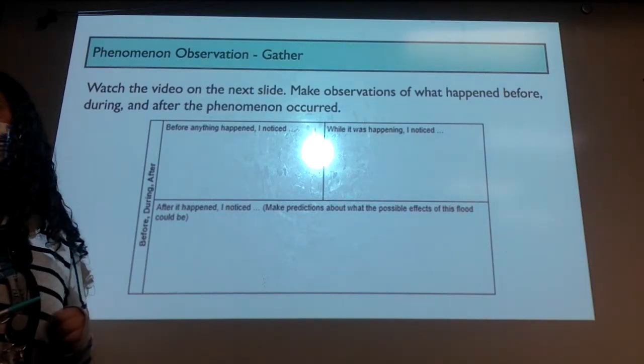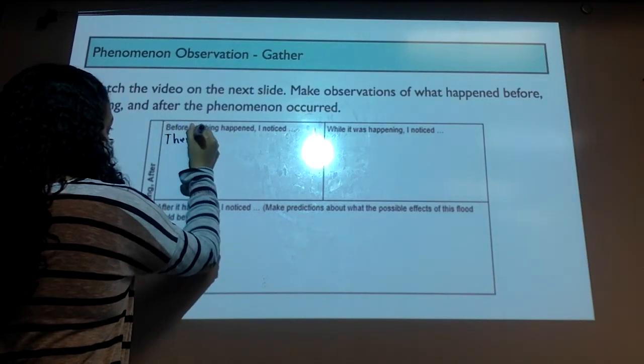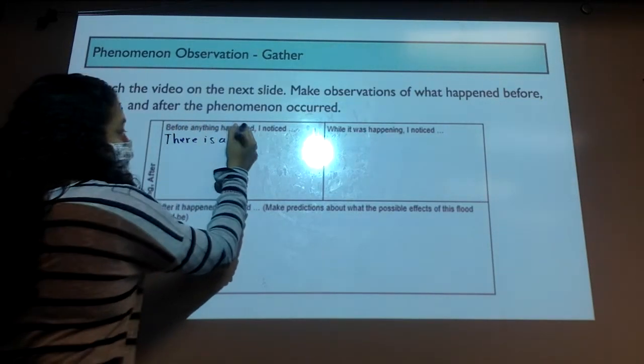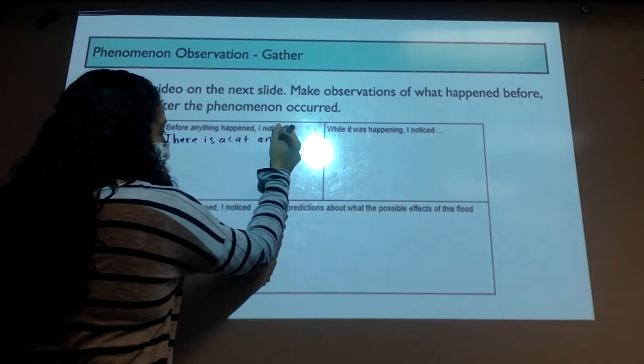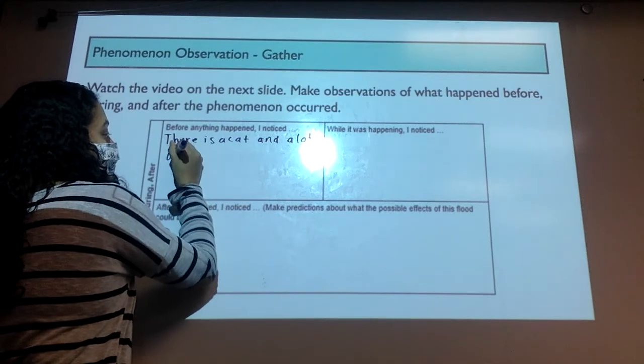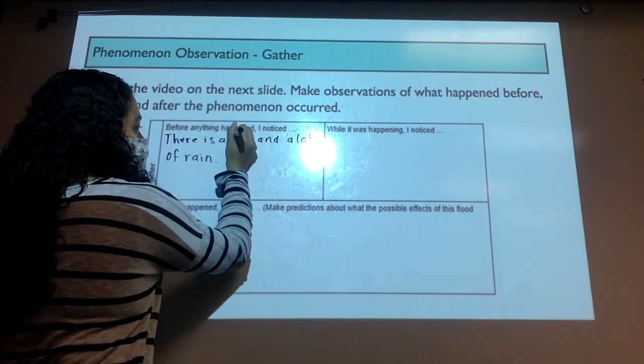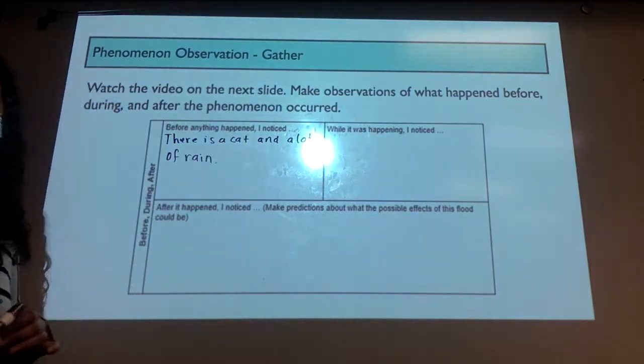There's a what? A cat. Okay, so there's a cat in the home. There's lots of water outside. There is a cat and a lot of rain.